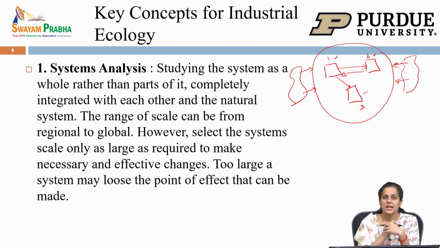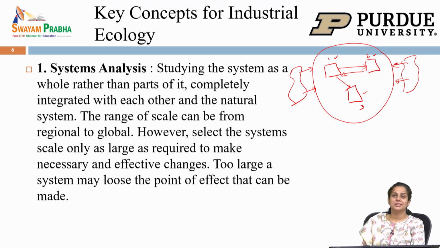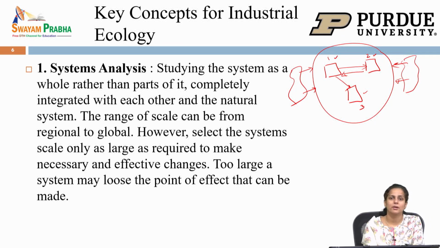But the caveat is, of course, when you are studying a subsystem and ignoring the effect of other larger interactions, you might not be making the right sustainable decision. Of course, we will not get into more details, but that is a caution that is always presented and is one of the aspects when you are using this kind of philosophy for design.